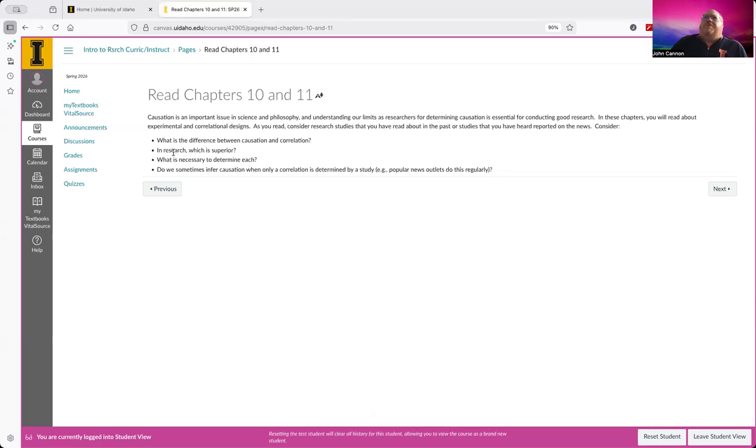Some guiding questions. What is the difference between causation and correlation? And one thing that I always caution doc students, grad students who are going to do research, is that correlation doesn't necessarily mean causation. The next question to consider in research, which is superior, causation or correlation? What is necessary to determine each?